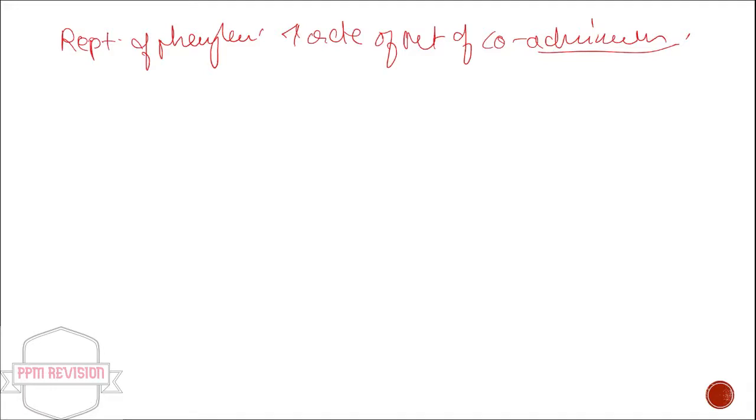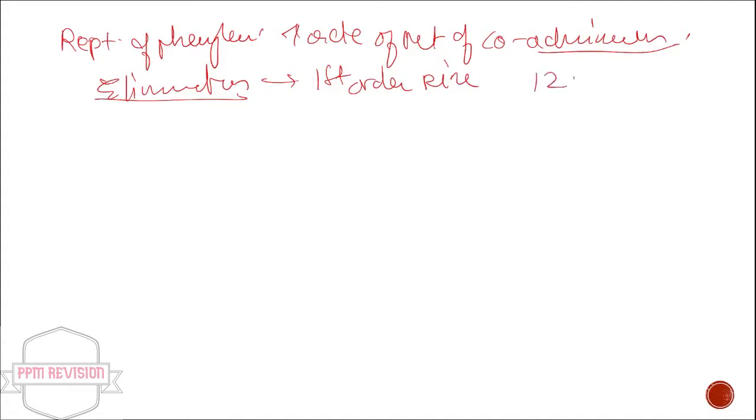And elimination is by first order kinetics, okay, and looking at the plasma half-life, it is about 12 to 24 hours, that is T half. And the kinetics can change to zero order, okay.